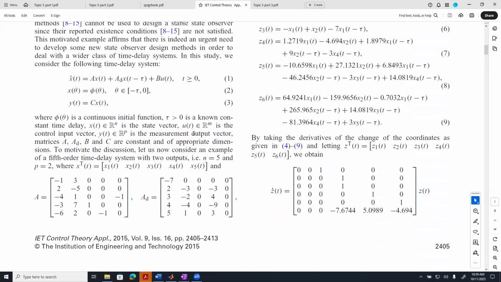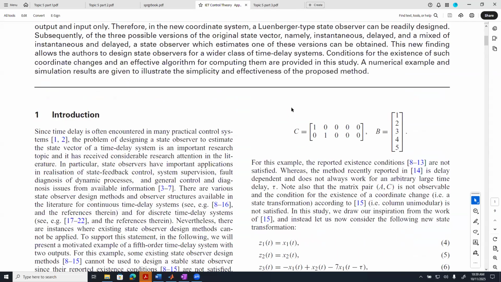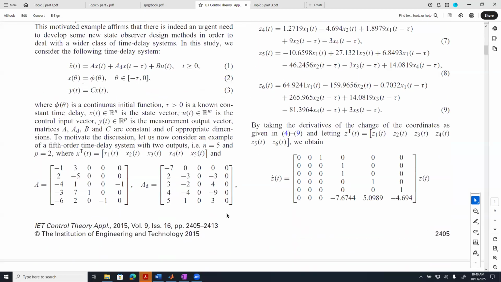And we design an observer, which is a delay stack observer, to estimate the unmeasurable stack variables. So we have a time delay system with matrices A and AD and B and C given in this reference here.